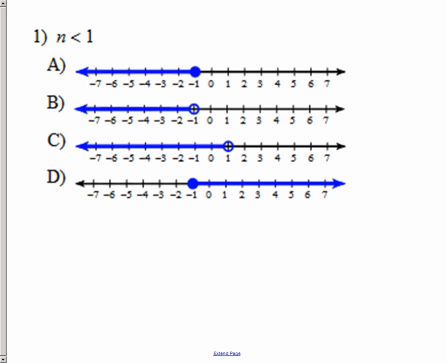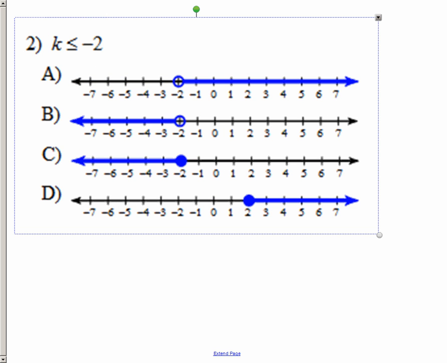And so as a result, I know that it cannot be A because it's got a closed dot, and D because it's got a closed dot. N is less than 1, so any number less than 1 with an open dot is what we want. Well, this is negative 1, so it's not B. Here we are at C. Here's 1. It's an open dot because it's got the less than sign, and we just shade to the left to show all the numbers less than 1.